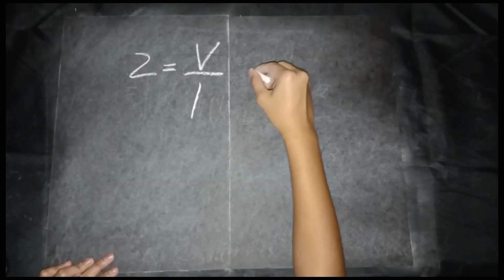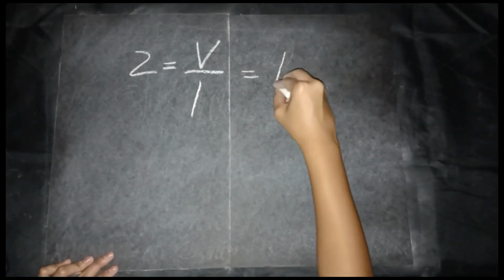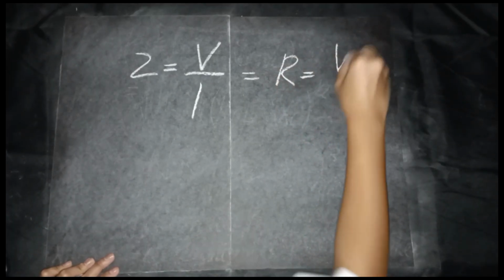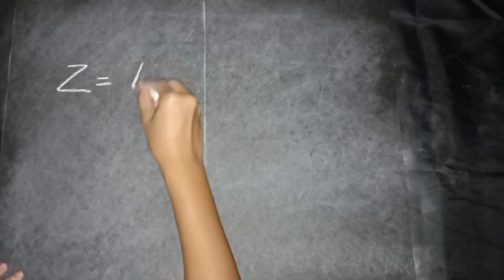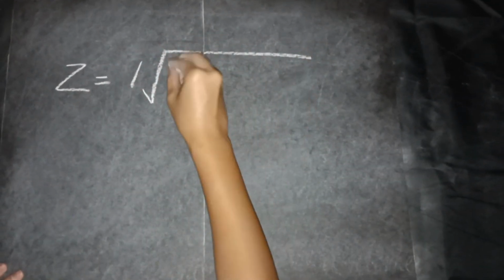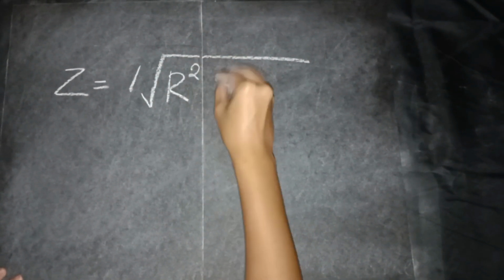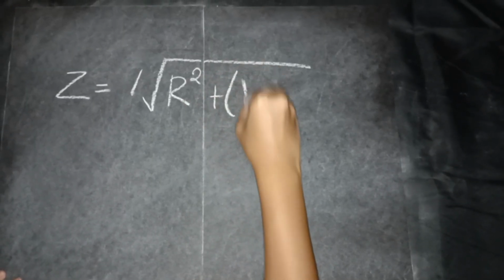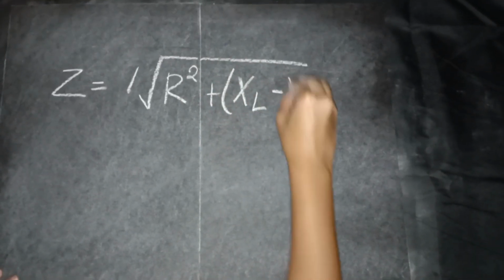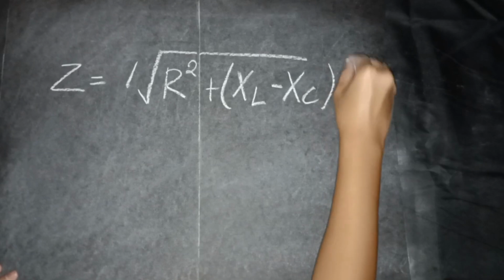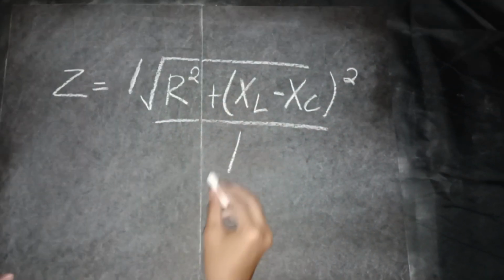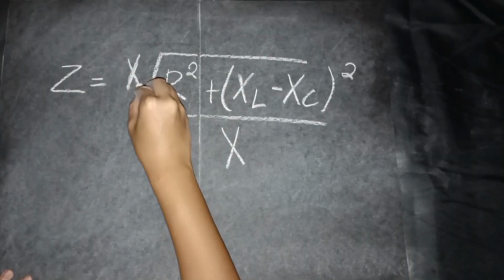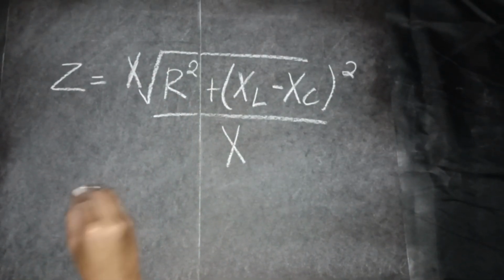The same with the value of R, which is equal to V over I in a DC circuit. Now, let's substitute the expression for V into the impedance formula, where Z is equal to I times the square root of R squared plus XL minus XC squared, over I. And next we are going to cancel the current.